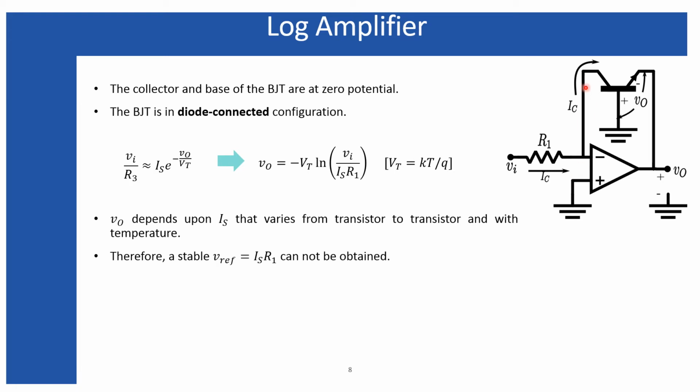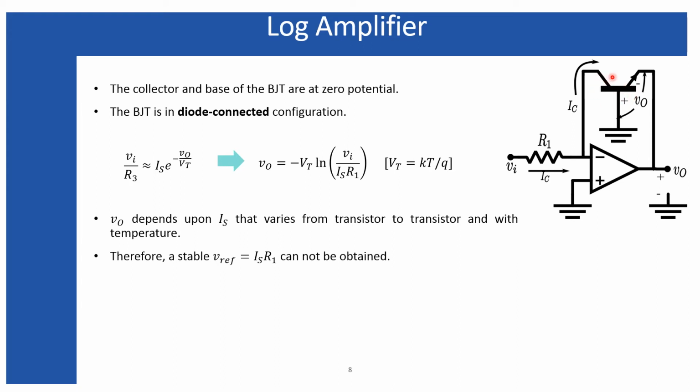Basically, the potentials at the collector and the base are the same. So we can consider that the base and collector are common, or connected, because from the discussion of the current source and current sink circuits earlier in my lecture, you have seen that when the collector and base have a similar potential, either by connecting them physically or by putting them at equal potential, such a configuration is called a diode-connected configuration.